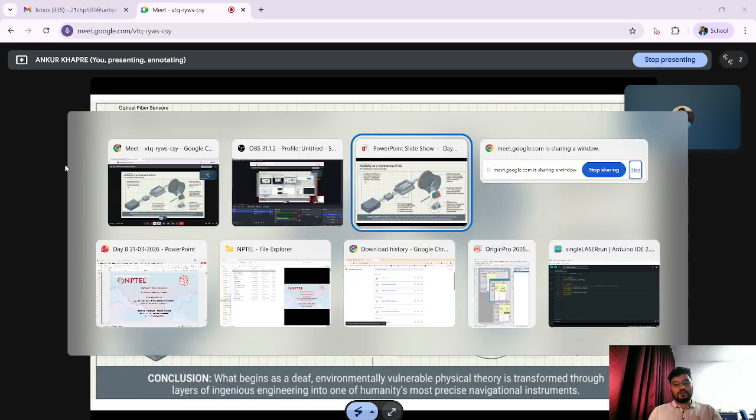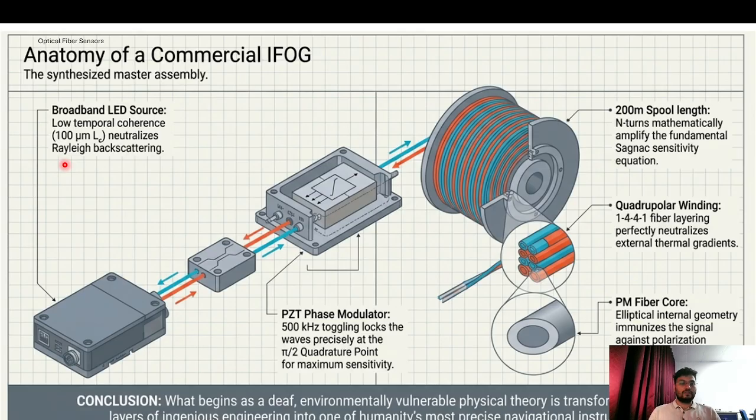The first thing is the broadband LED source, which has low temporal coherence, a 100 micrometer length, neutralizing Rayleigh backscattering.